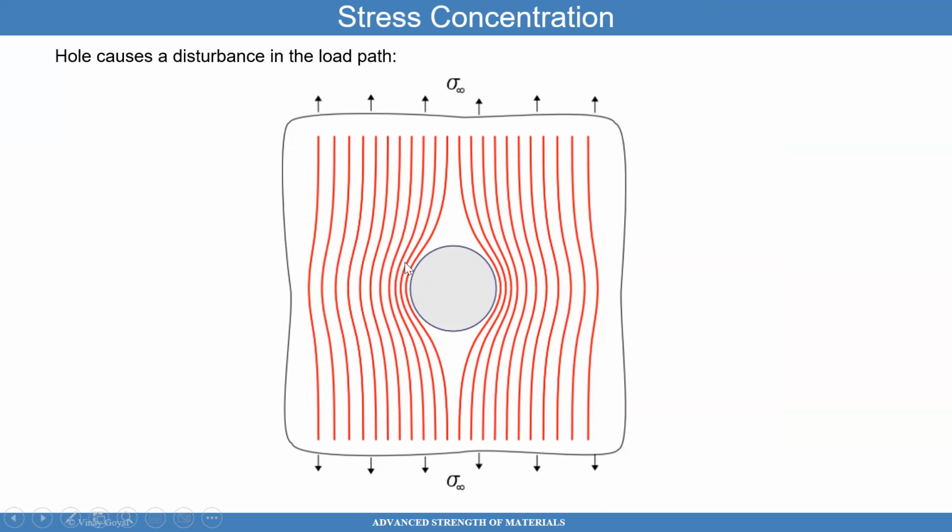Very similarly, you can think of stresses as traffic, where you have higher traffic when you have these kinds of disturbances in the field. Anytime you have a disturbance in the load path, you find yourself with these high stress concentrations. The goal of today's lecture is to cover the kinds of stress concentrations you can have and how you could estimate those.